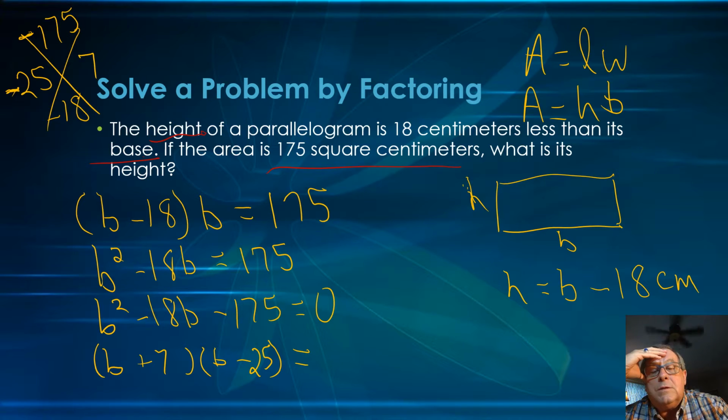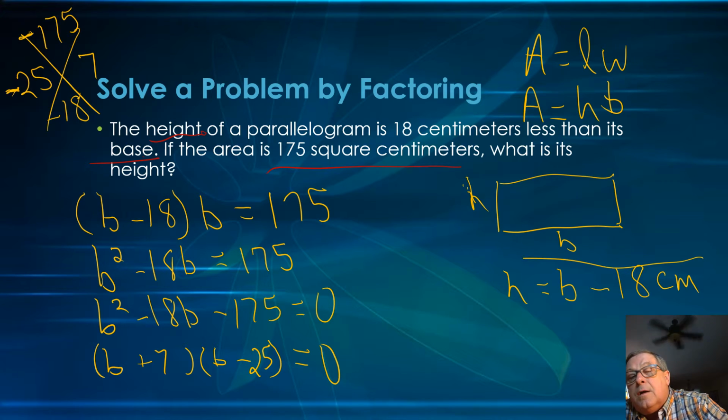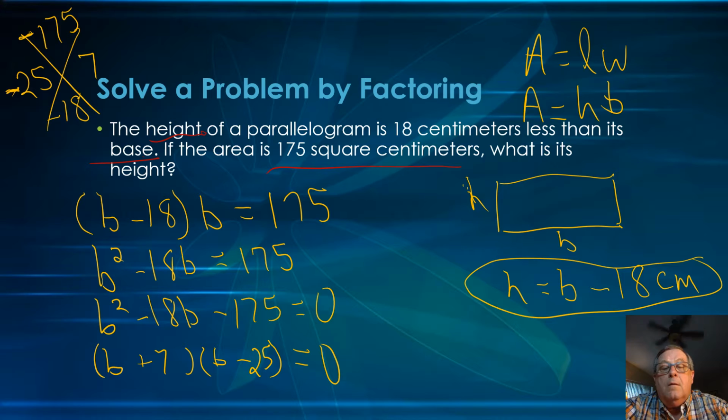And that equals 0. All right, then we can set each of these factors equal to 0. Now, B is the base. What I want to end up with is the height, which is 18 centimeters less than the base. But let's go ahead and find a value for B. Let's see, B plus 7 equals 0.